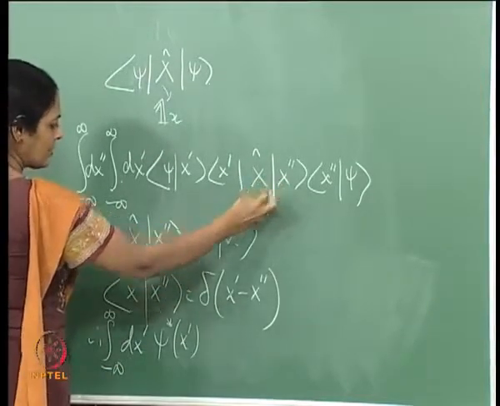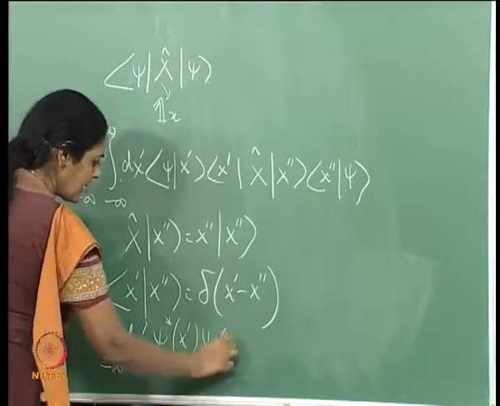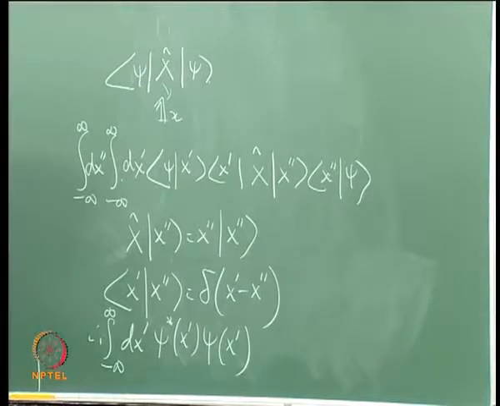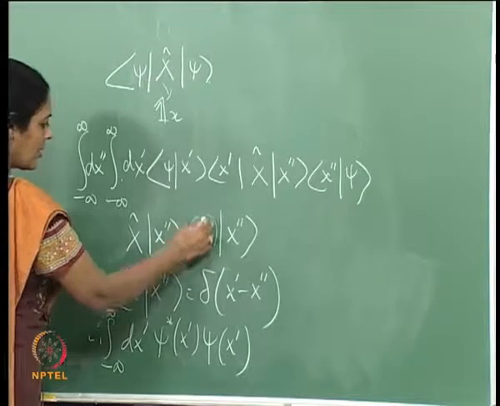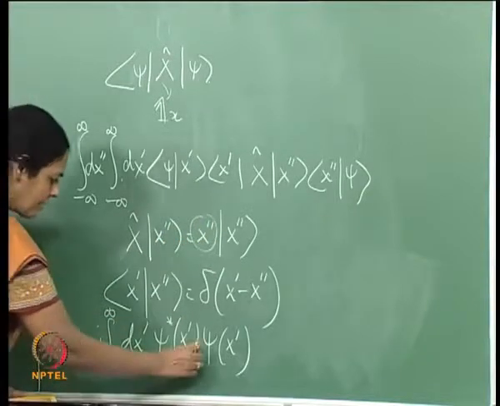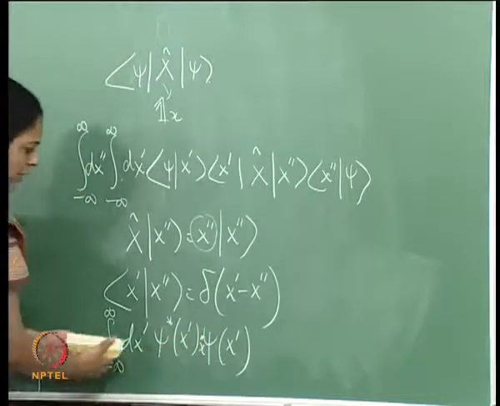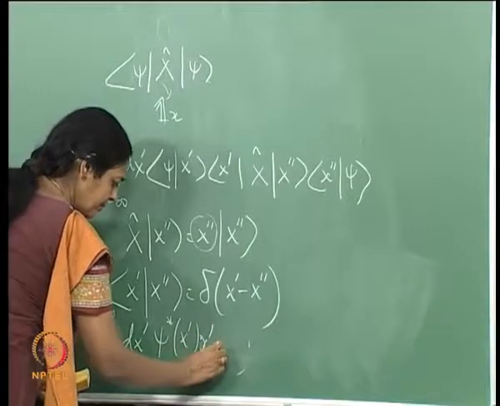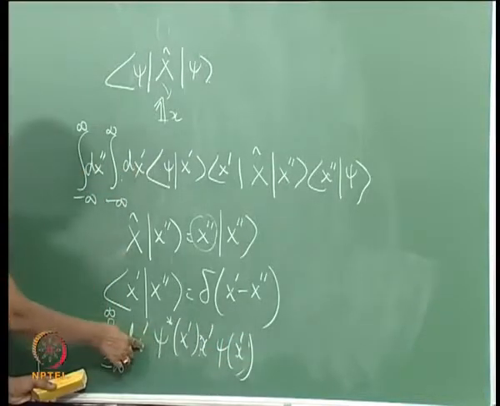This gave me the delta function, and one of the integrals went, and I have psi of x prime. There was a small matter of x double prime being the eigenvalue, and I could have put it here. The x double prime was replaced by x prime, so I could have put it here, or I could have pulled it out and put it there.